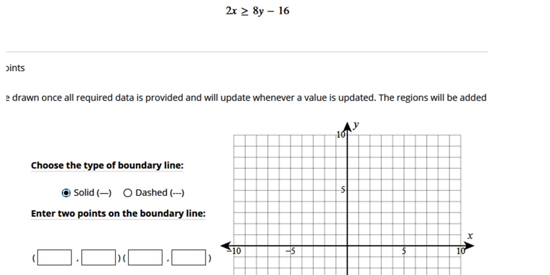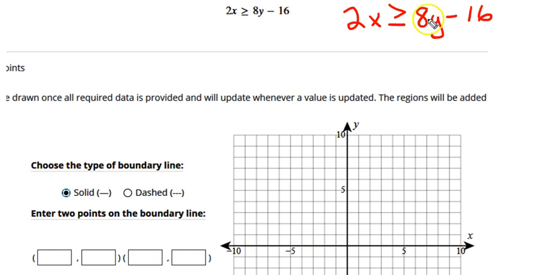Now, another kind of example, and I want you to write this in your booklets as well, will be this. And let's write it up here. 2x is greater than or equal to 8y minus 16. Now, I want to solve this inequality for y.